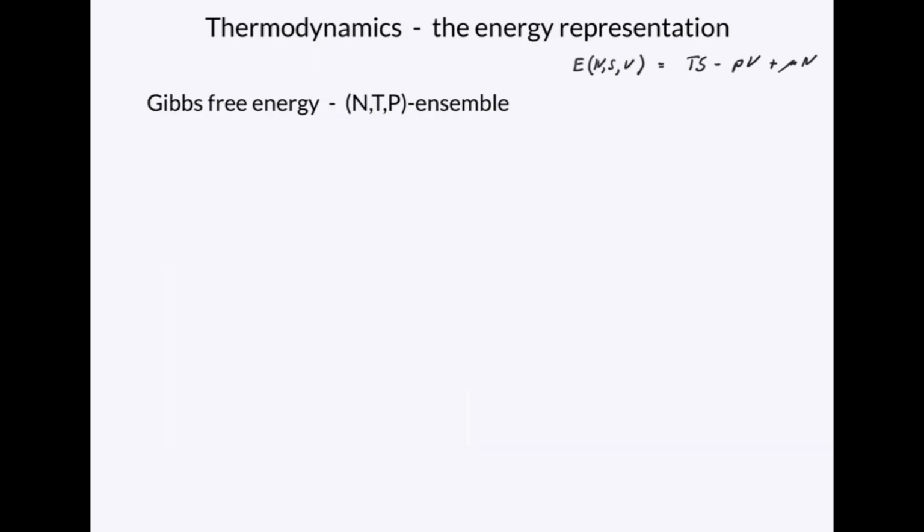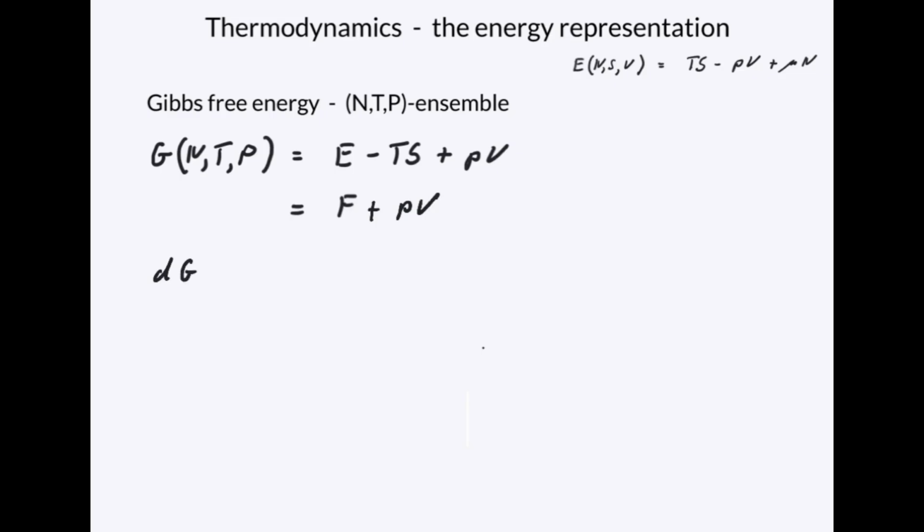The last ensemble to consider is the NTP ensemble, or the Gibbs free energy. The Gibbs free energy G is dependent on N, T, and P, and in comparison to the energy, you see that two of the parameters are interchanged, namely the entropy to the temperature and the volume to the pressure. Performing the Legendre transform twice, the Gibbs free energy is equal to E minus TS plus PV.